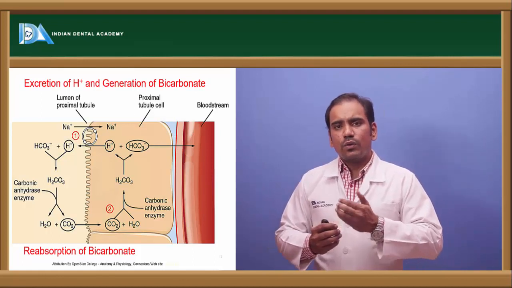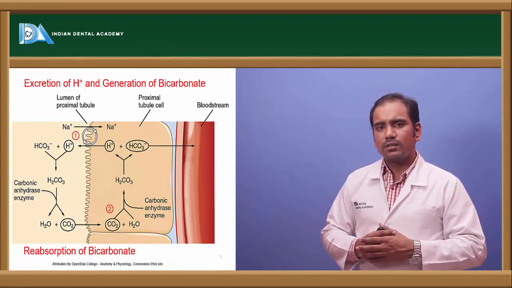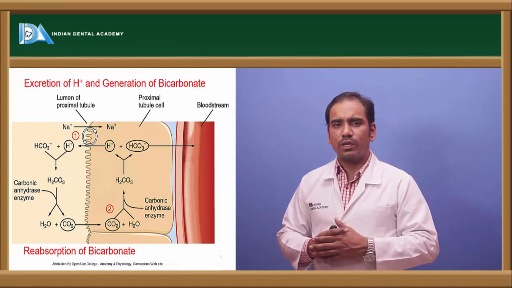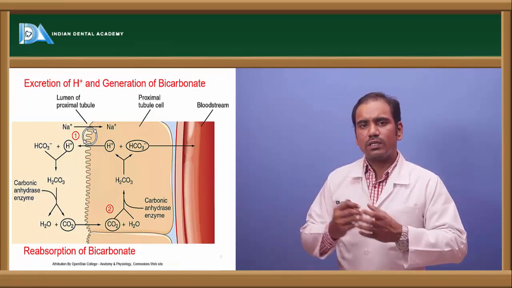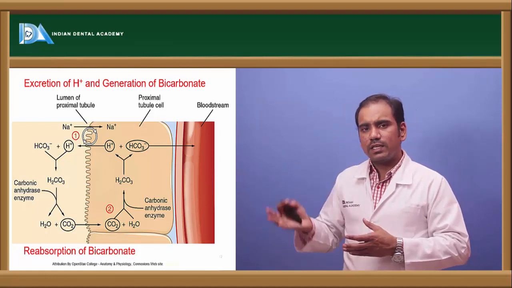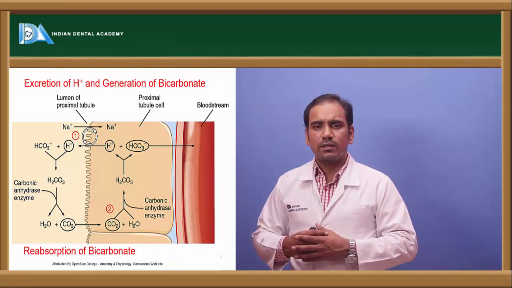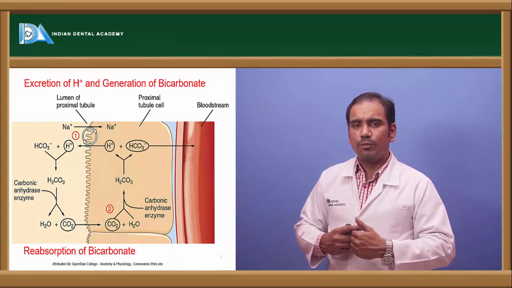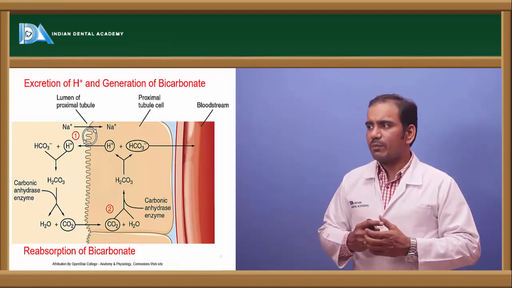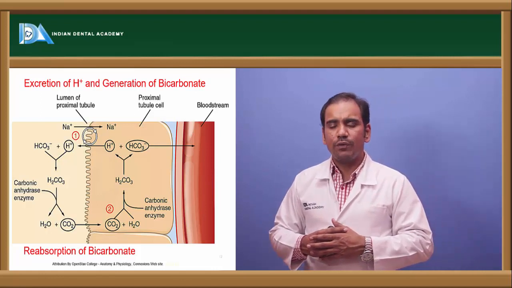Right? So after donating those sodium ions, what happens to the bicarbonate? We have to conserve it, so that is reabsorbed. Bicarbonate is reabsorbed. That mechanism we call reabsorption of bicarbonate.